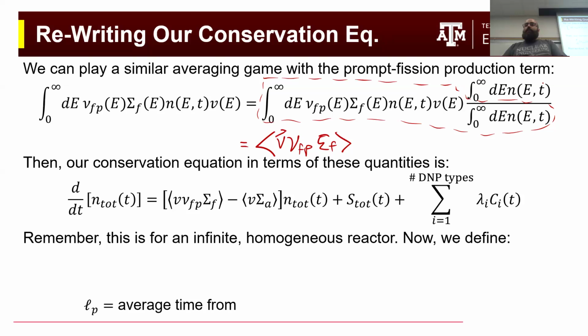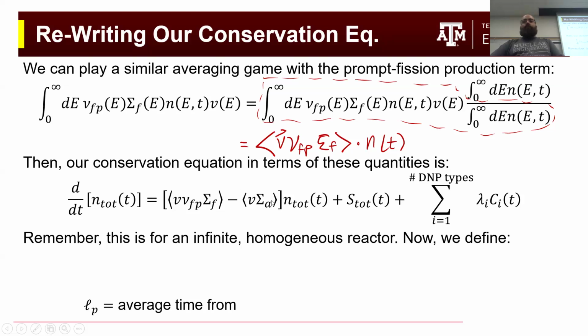And then this integral up top, that's just my neutron density. Integrating the energy dependent neutron density over all energies just gives me the regular neutron density. So that's what this term ends up simplifying to. And so therefore, I can plug those definitions into my original conservation equation, where that first energy integral gives me the total neutron density.